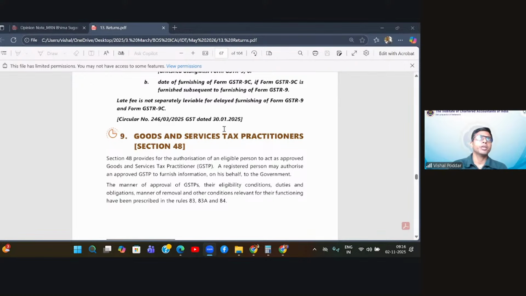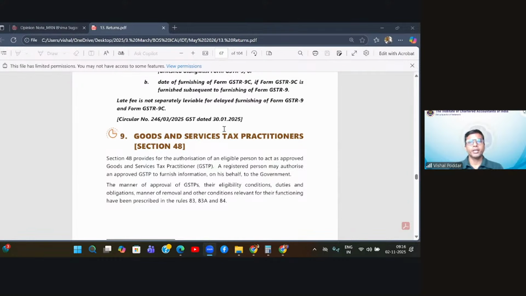Let us say I'm an outside professional, maybe a CA, lawyer, or any other tax practitioner. You are a business, and you want me to file your returns. The portal made this facility on the GSTN that I will register myself, like you are registering as a business.